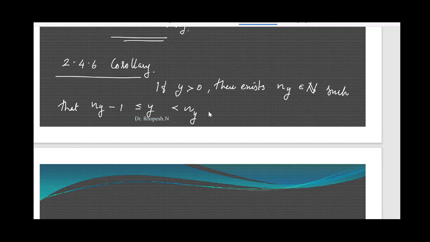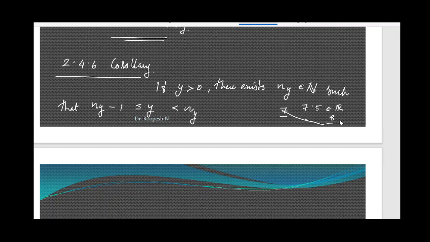Okay, that means if you are having a real number greater than 0, then we can find a natural number such that this y will lie in between the natural number minus 1 and the natural number. For example, if you are taking 7.5, it's a real number, right? Now can you find two natural numbers? Of course 7 and 8 are there, so in between only 7.5.